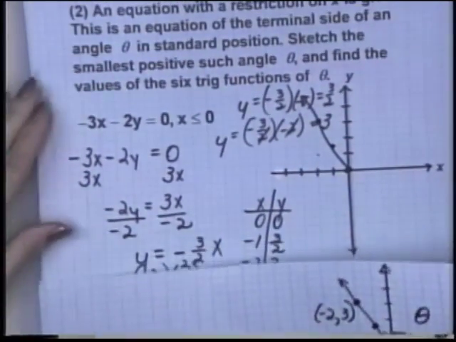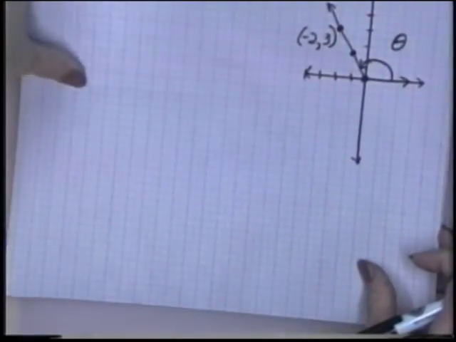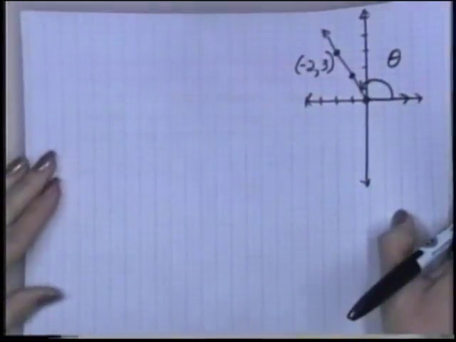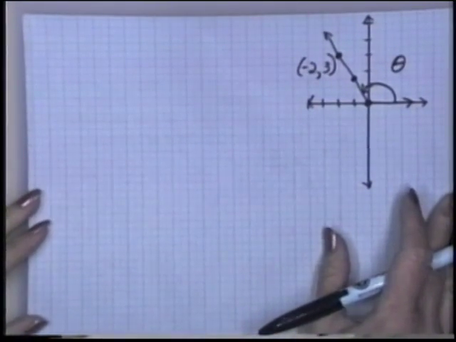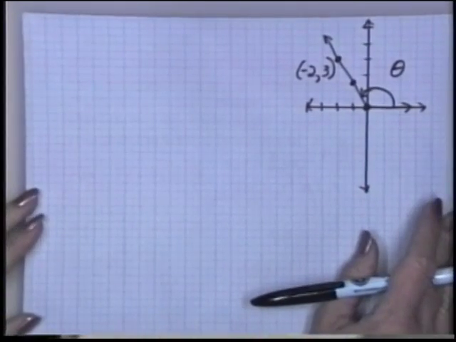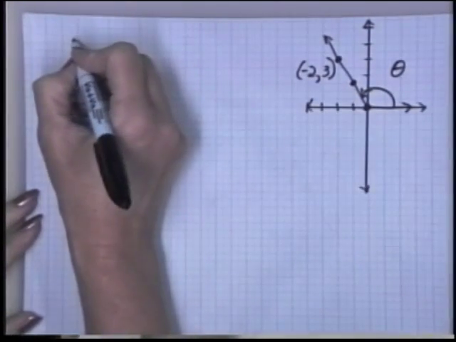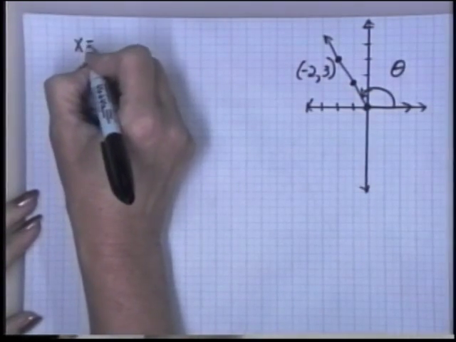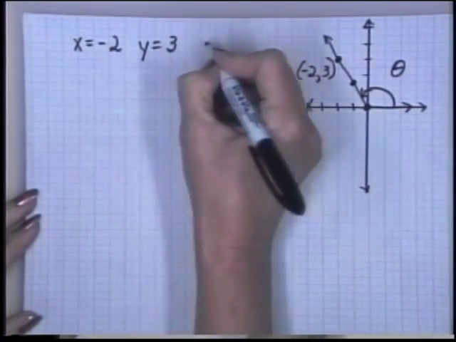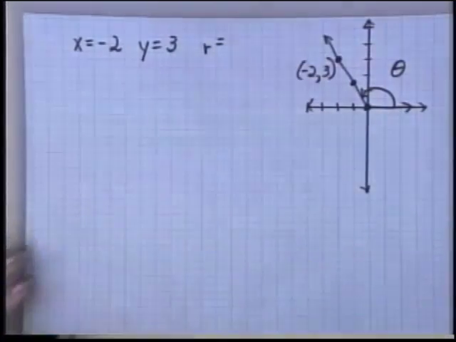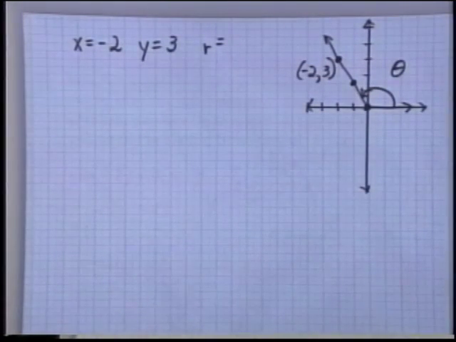So I think I've got this sketched, and I don't think I need the rest of that problem, so I think I can find my trig functions of theta with this information. So let's see what I can do here. I know that my x equals -2, my y equals 3, and of course what I need to find next is my r.